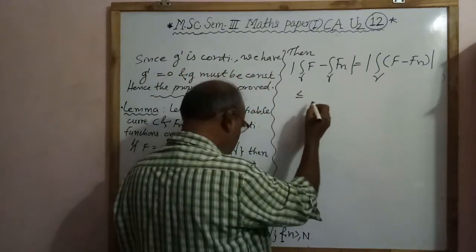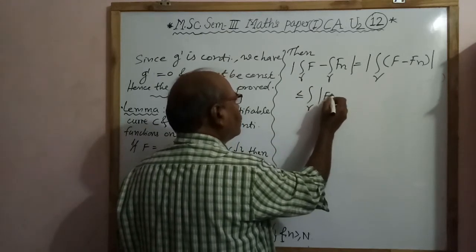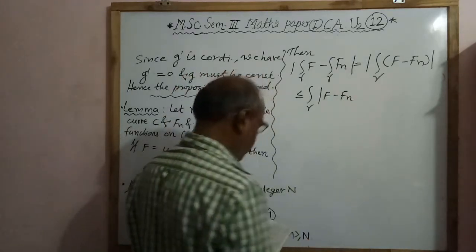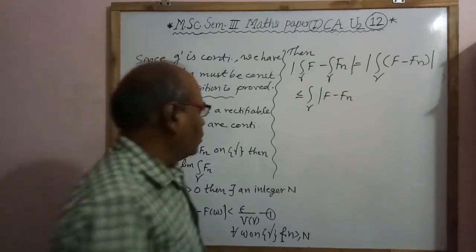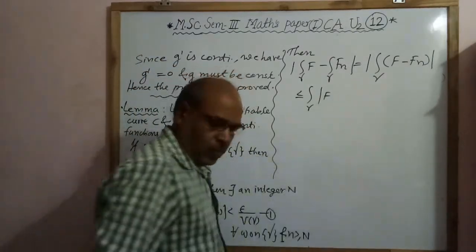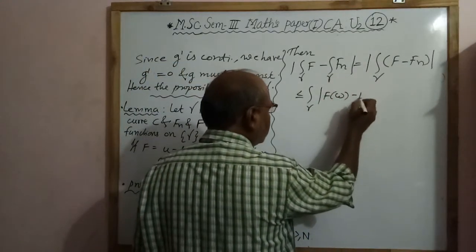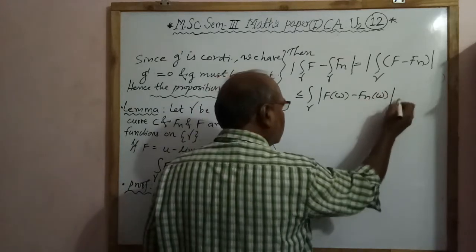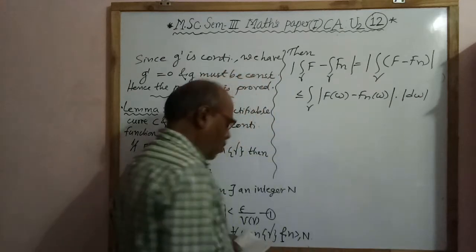Therefore, we have less than or equal to the integration over gamma of mod of f of w minus fn of w into mod of dw.